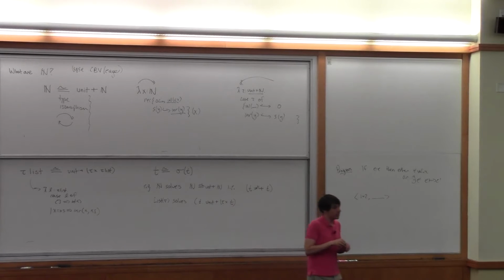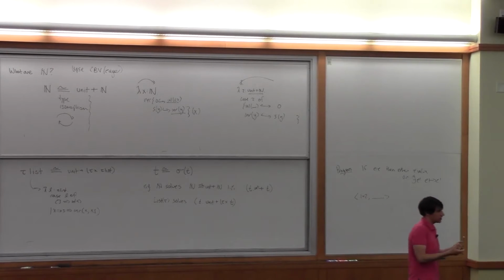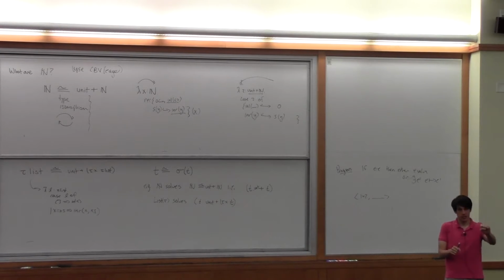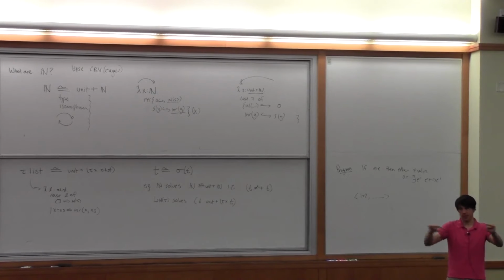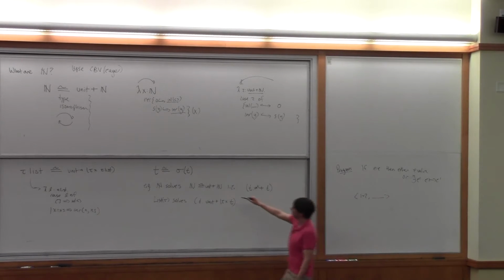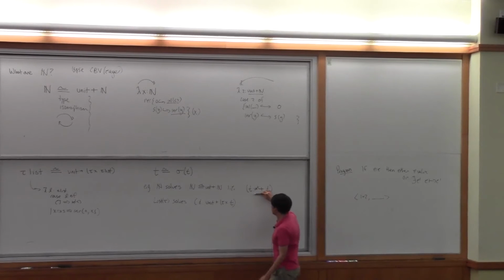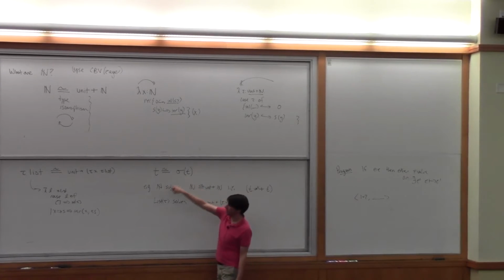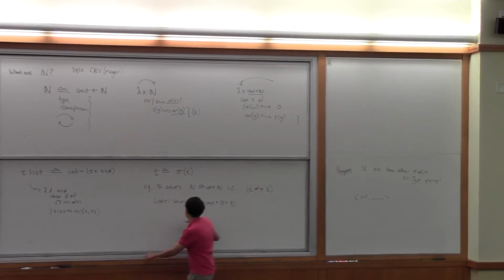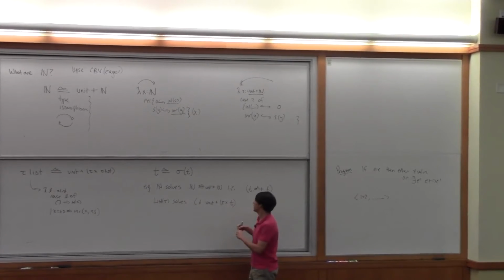Okay? So the idea is that n is isomorphic to unit plus n. We can write out the template of that equation as a type with a free type variable.